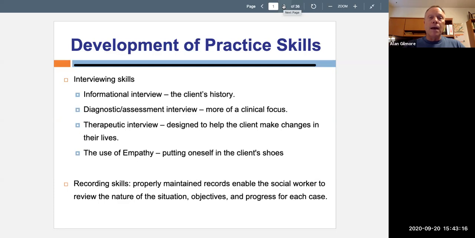Having strong documentation that supports a decision a social worker has made on behalf of their agency for a particular client is critically important for issues around liability, as well as for providing appropriate services to the client when there is some kind of legal consequence for the work you're doing with them.